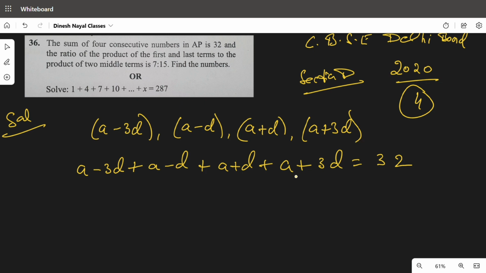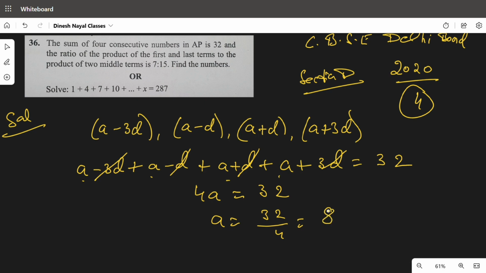As you can see, minus 3D will be cancelled out with plus 3D, and minus D with plus D. So we have 4 A's, that means 4A equals 32. So A is 32 by 4, that is 8.